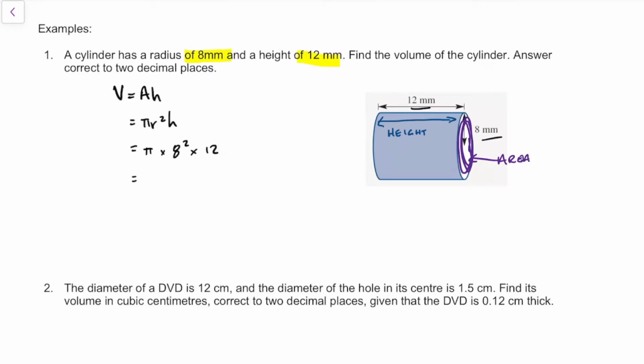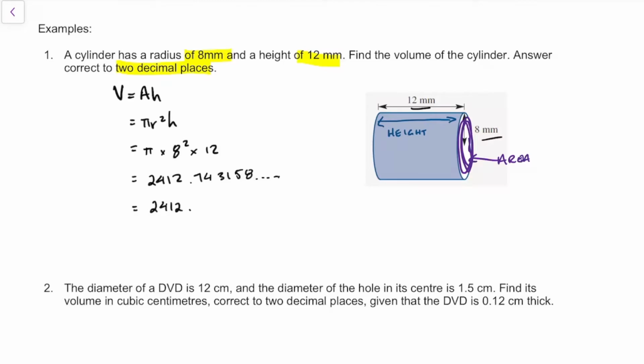You can just type that straight into your calculator and you'll get a nice long decimal because we're using pi and pi does not finish. It just keeps going, but we only want 2 decimal places, so we have 2412 point.